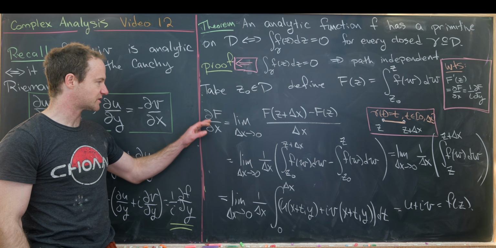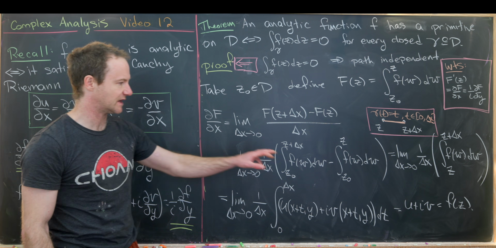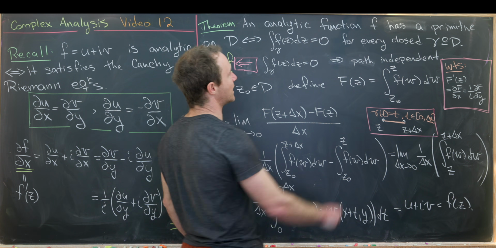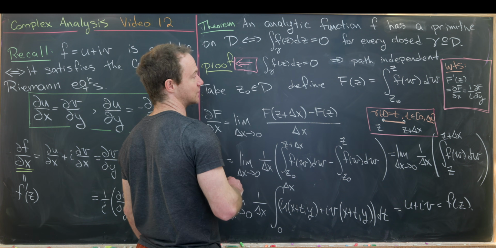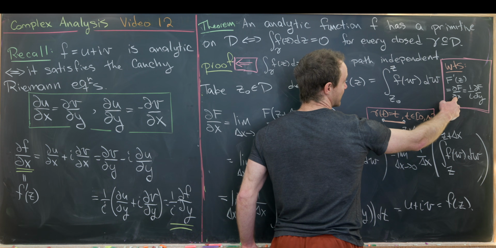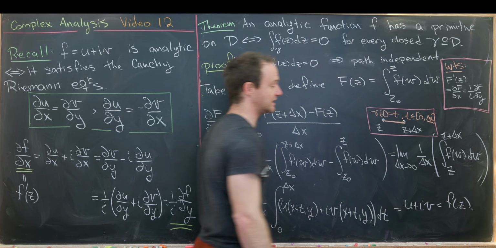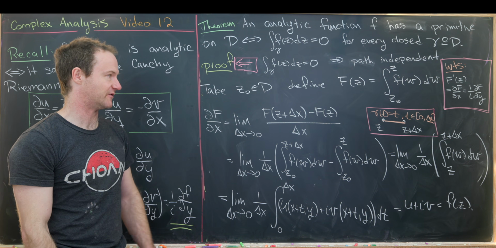So let's notice we started with the partial of F with respect to x, and we ended with f of z. But recall, we want a primitive for little f, so we want this derivative with respect to x to be equal to f prime, but f prime should be equal to little f of z.